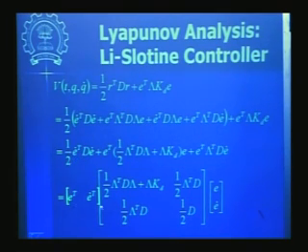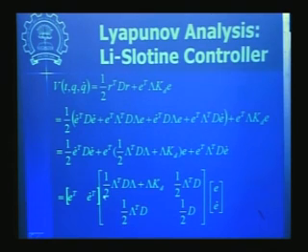So this is a quadratic form, and for this form to be positive definite, we know that we need the first matrix to be positive definite, and then we need the determinant of this entire matrix to be positive.